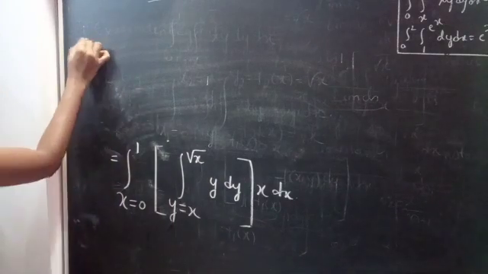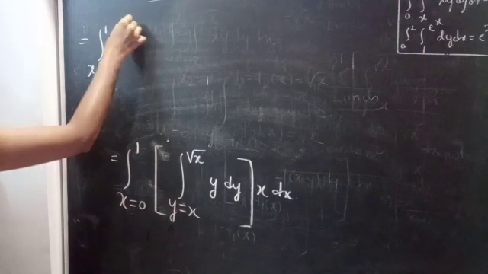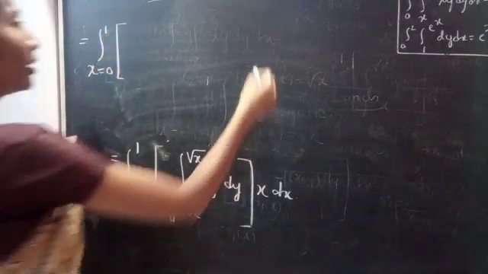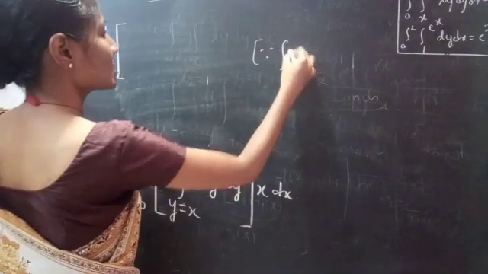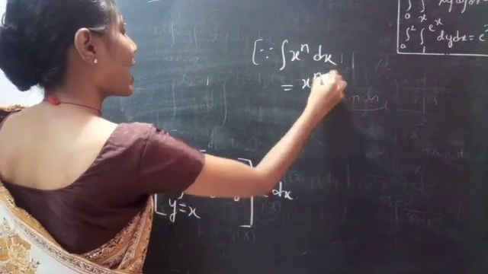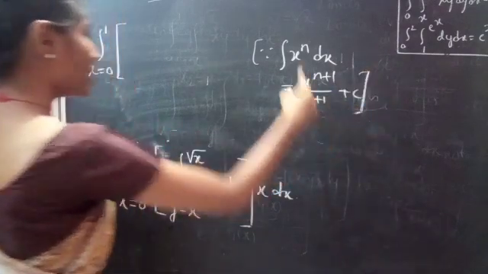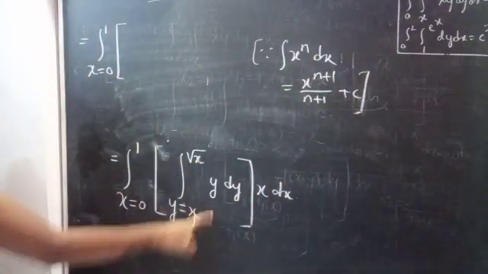This is equals to integral x equals 0 to 1. You know that integral x power n dx is equals to x power n plus 1 by n plus 1 plus c. So you can use this formula here for y.